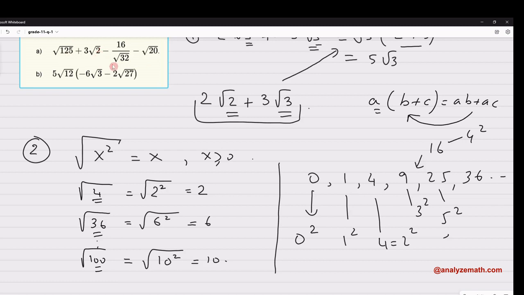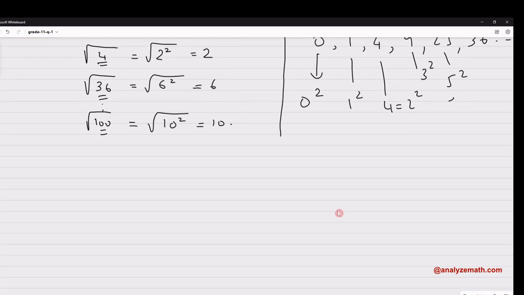So 125, 32, and 20. What we are going to do is to express them as a product of prime numbers. Prime numbers are 2, 3, 5, 7, 11, and so on. A prime number is a number that has only 2 factors, 1 and itself.